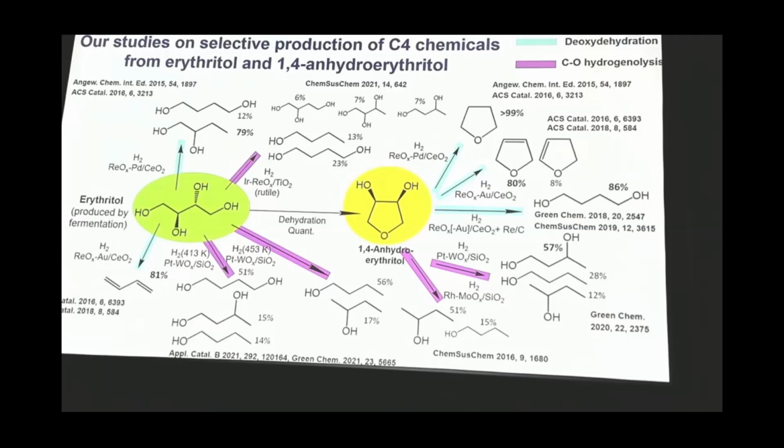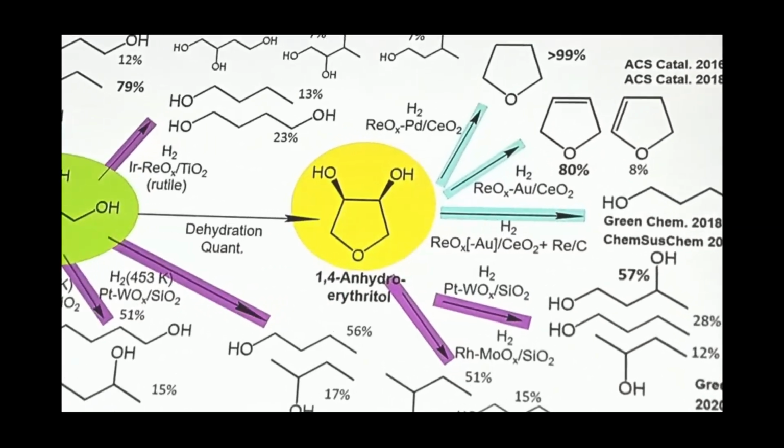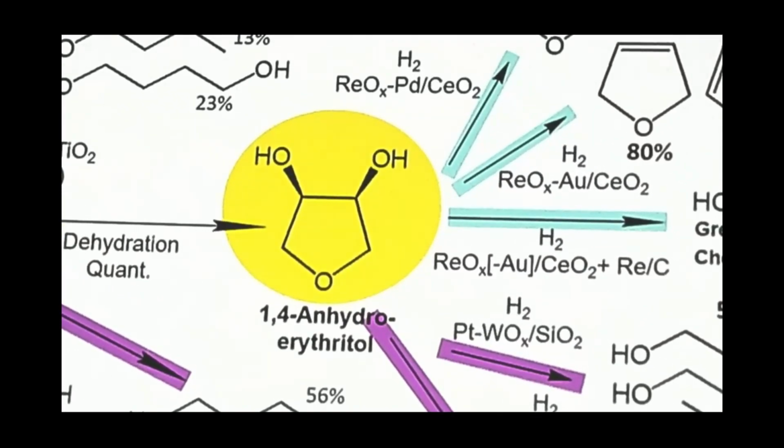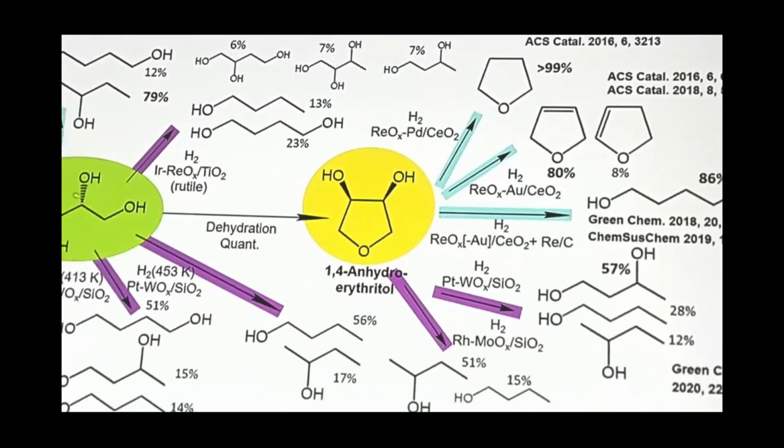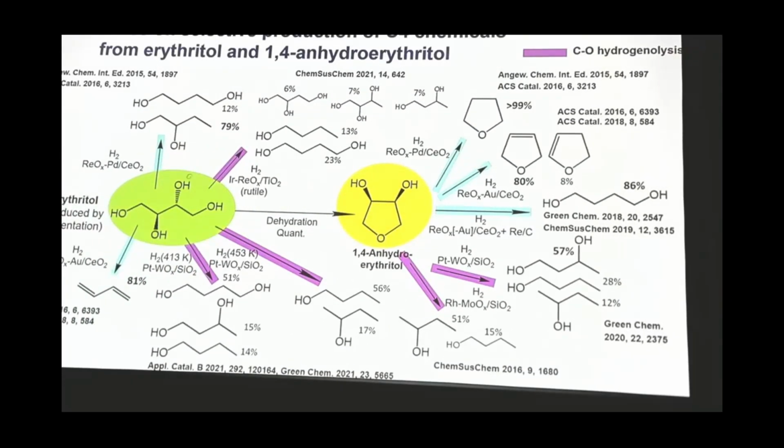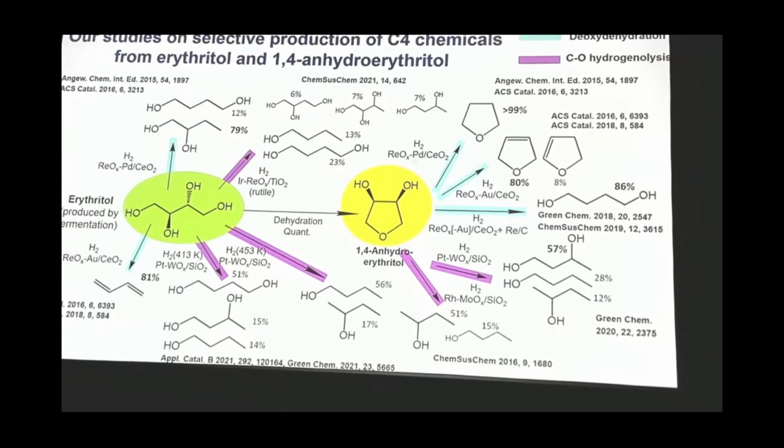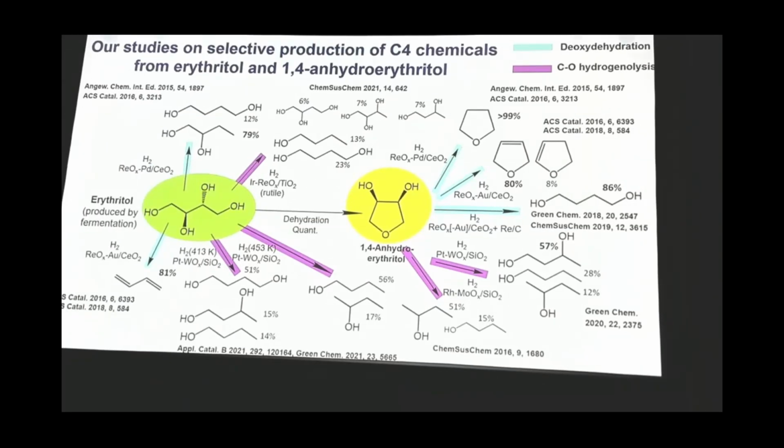This is an example of our studies on the selective production of C4 chemicals from acetol and 1,4-anhydroerythritol. 1,4-Anhydroerythritol is easily produced by a simple dehydration of erythritol. These are the building blocks, and two kinds of reaction are applied to these substrates.